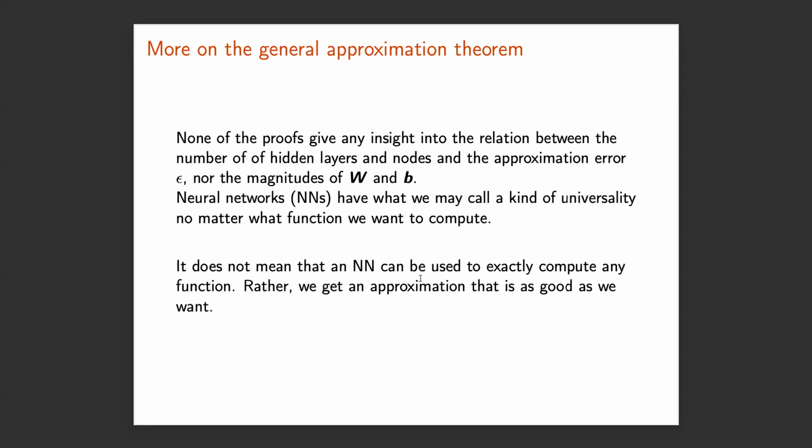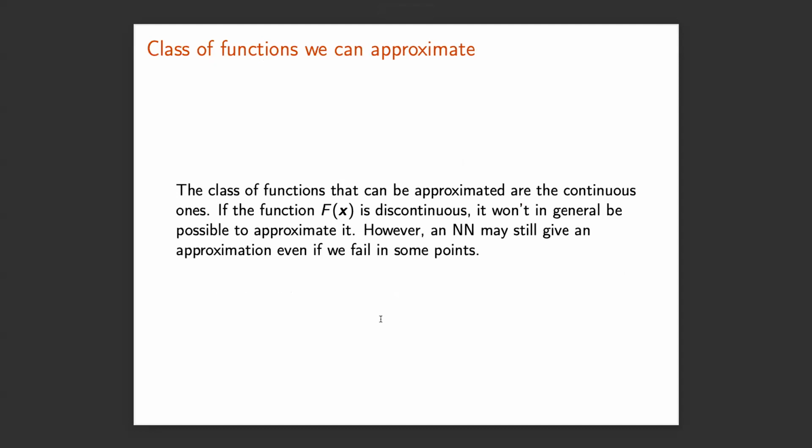It does not mean that an NN can be used to exactly compute any function. What you get is an approximation that is as good as we want. So just keep this in mind.